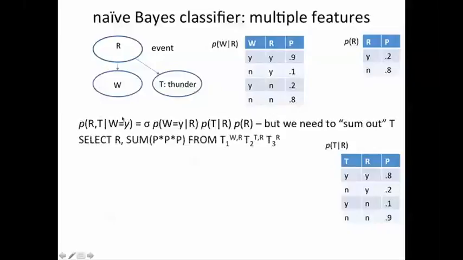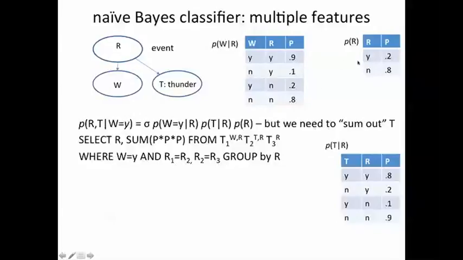The way we sum that out is that we again do SQL, so we select R and the sum of the products of all three of these columns from these three tables, where W is yes, and all the common variables, which are only R over here, the only common variable between these tables is R, and then you group by R. This effectively sums out T because we're only selecting R and summing up the values for different values of T.